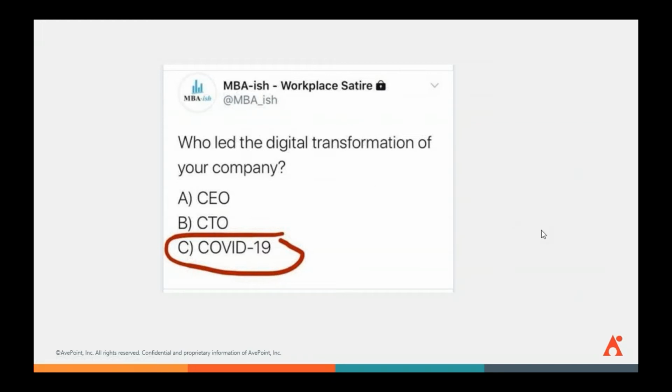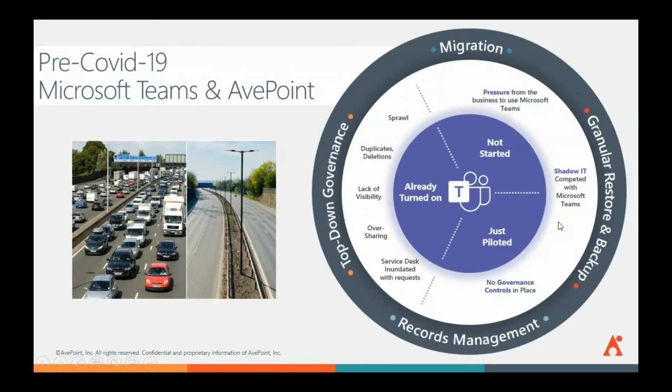From an AvePoint perspective, we can almost relate to a lot of the changes that we're seeing here. The image on the left could be from January, maybe earlier this year, where you had a lot of people doing a lot of different things. Now the roads are quite empty, but we're still continuing doing what we do.